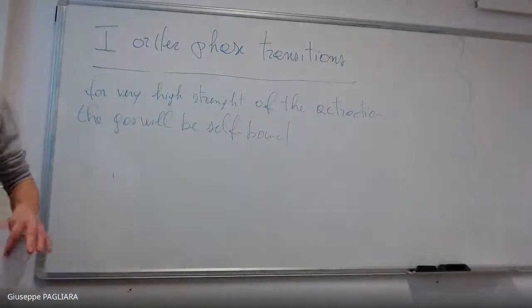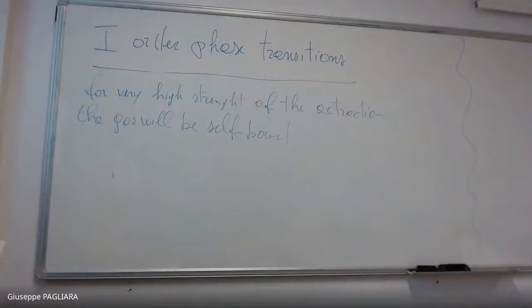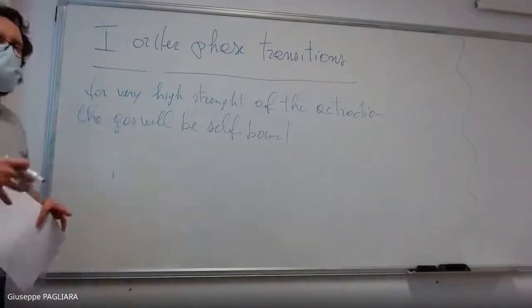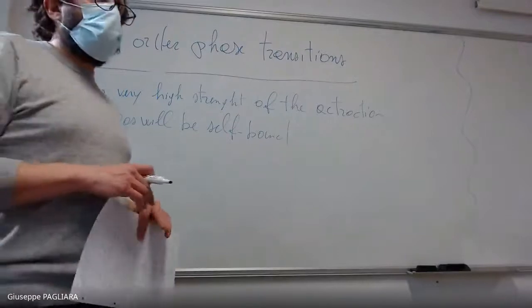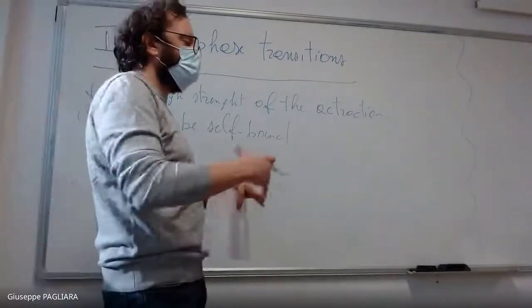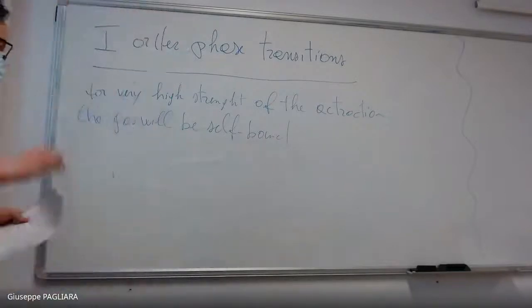Self-bound means that there is no need to have a box that contains the gas. So the interaction is so strong that the particles stick to each other. So there is no need of having a box to contain the gas. Okay.